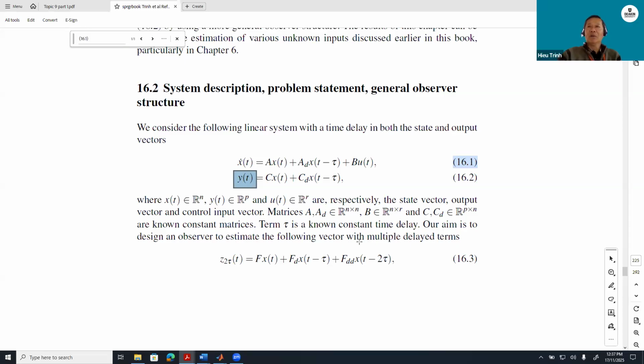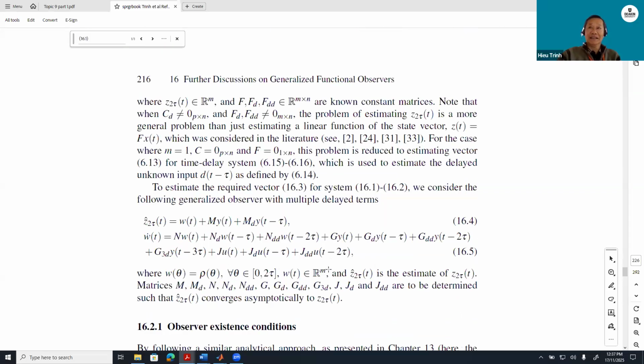We show in example 4 in this chapter that it is possible.